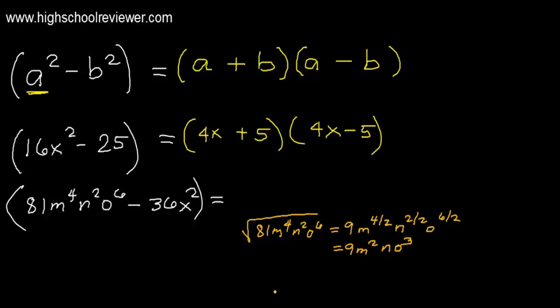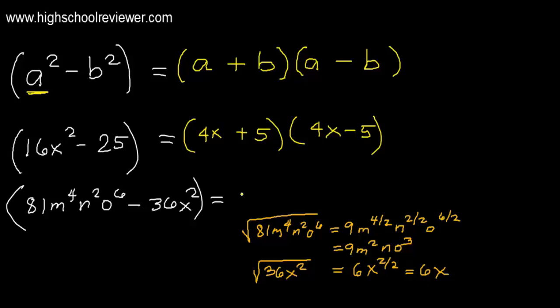raised to 3. The square root of 36x raised to 2: this will be 6, and x raised to 2 over 2, so this will be 6x.